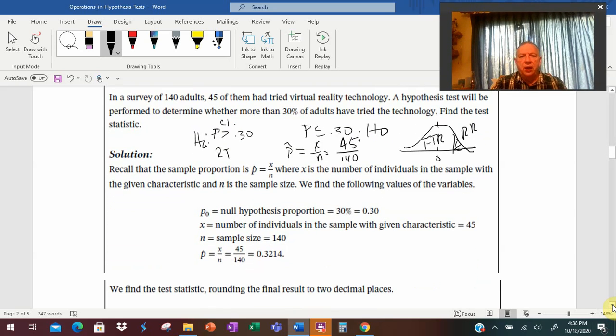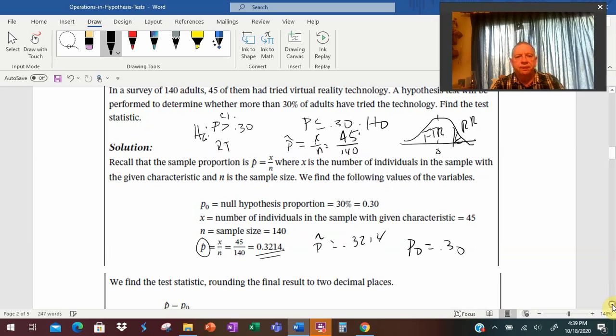So once we do that, we calculate our p-hat. That's the 45 over 140, 0.3214. And then, what was the hypothesized? P0 was from the hypothesis side. That would be the 0.30 before we ever get down there. I want to show you too.